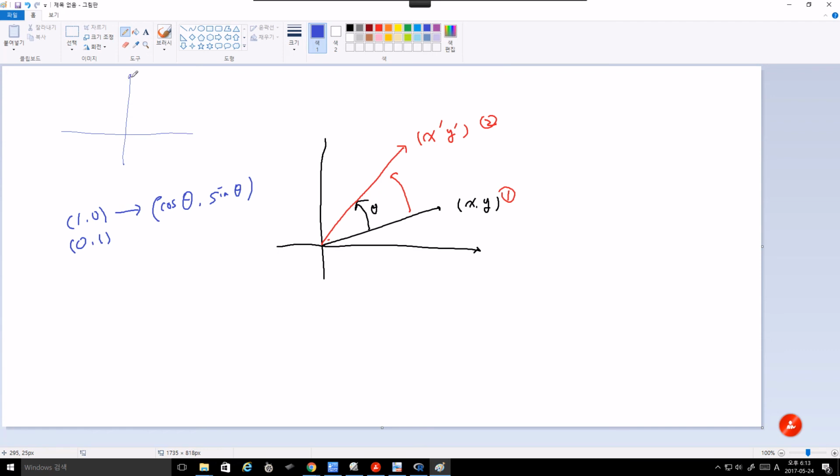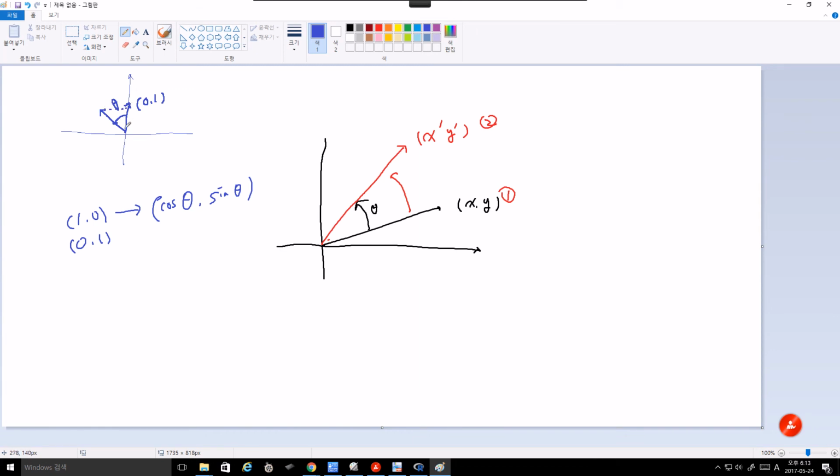Okay, let's make it thicker. So this is the point (0, 1), and if we do the rotation by theta, then we will have another point. Let's think about what the coordinate of this one is.